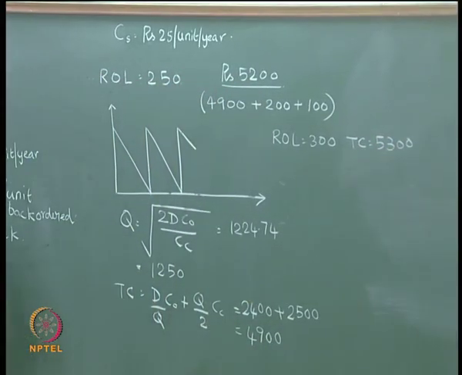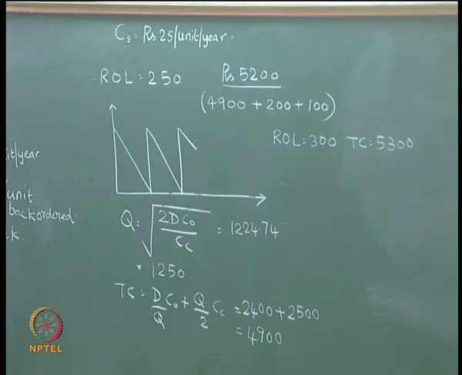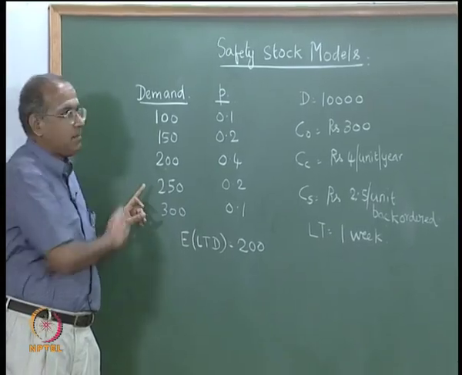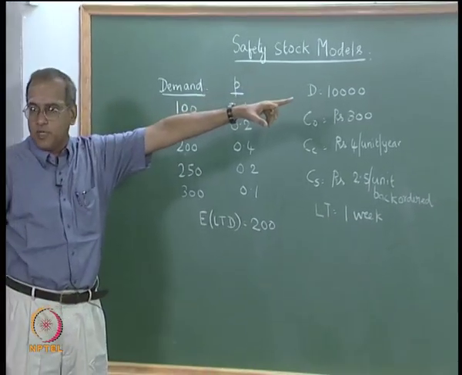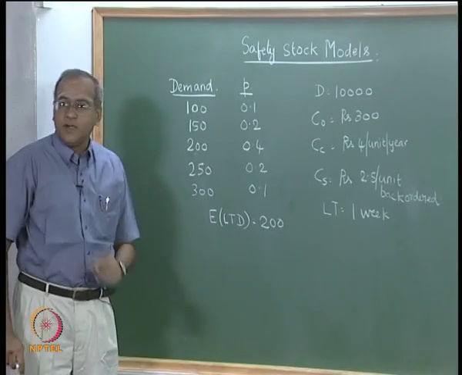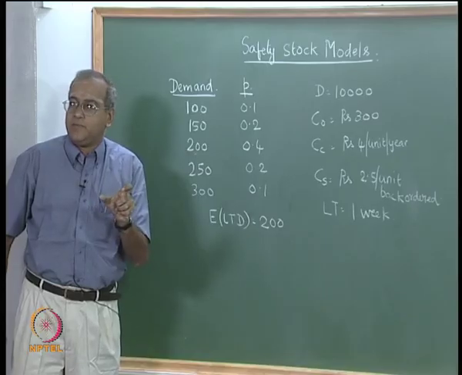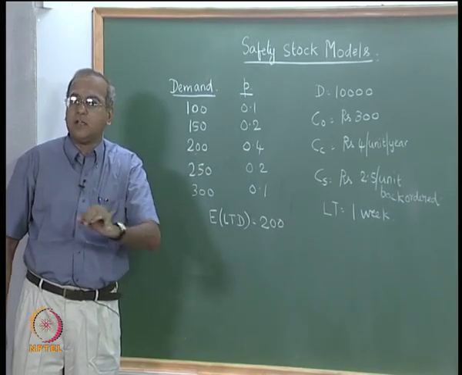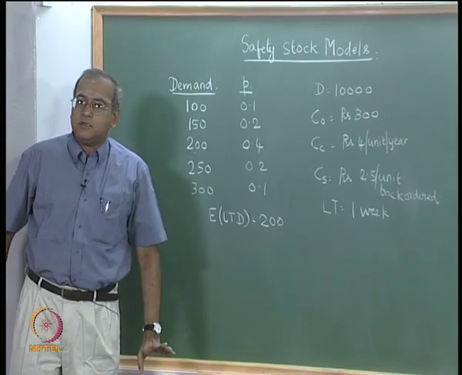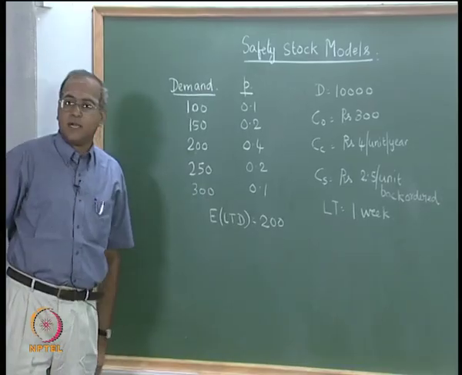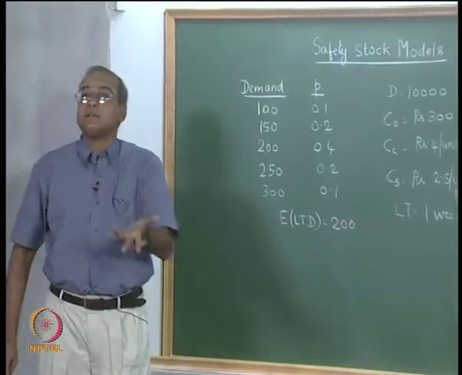So the organization faces the next question, which is, do I actually fix it at 250 because it is cheaper by 100 rupees, or do I fix it at 300? What is the advantage of my 300? The advantage of 300 is that I will never encounter a shortage. If my reorder level is 300, this data shows that my lead time demand does not exceed 300.